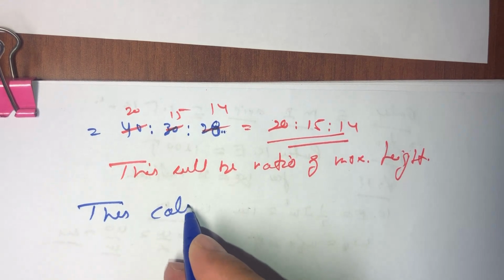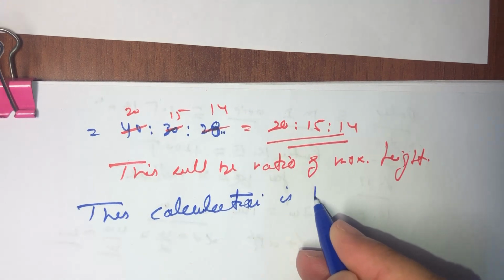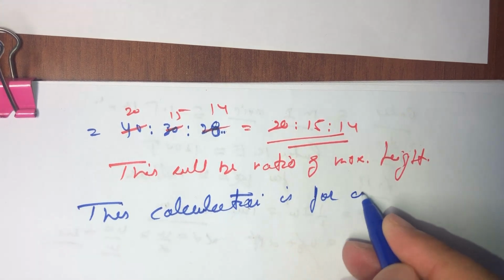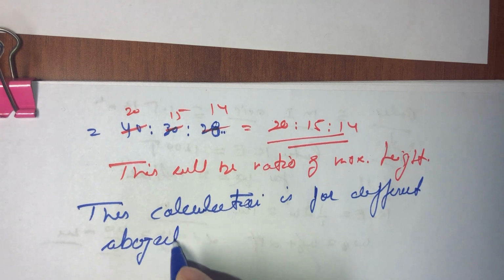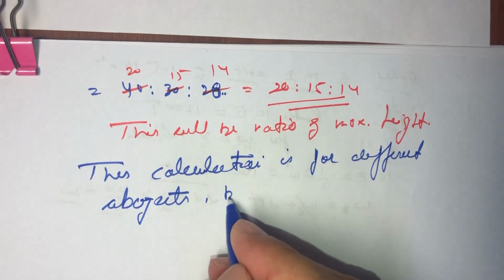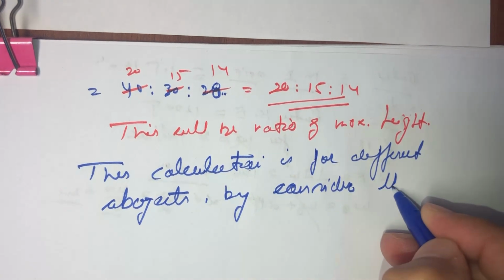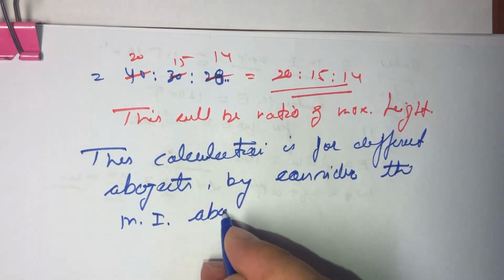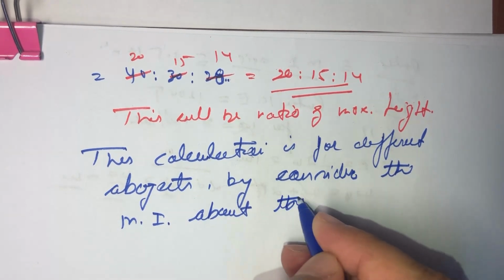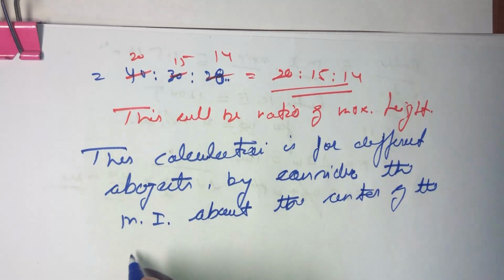This calculation is for different objects by considering the moment of inertia about the center of the objects.